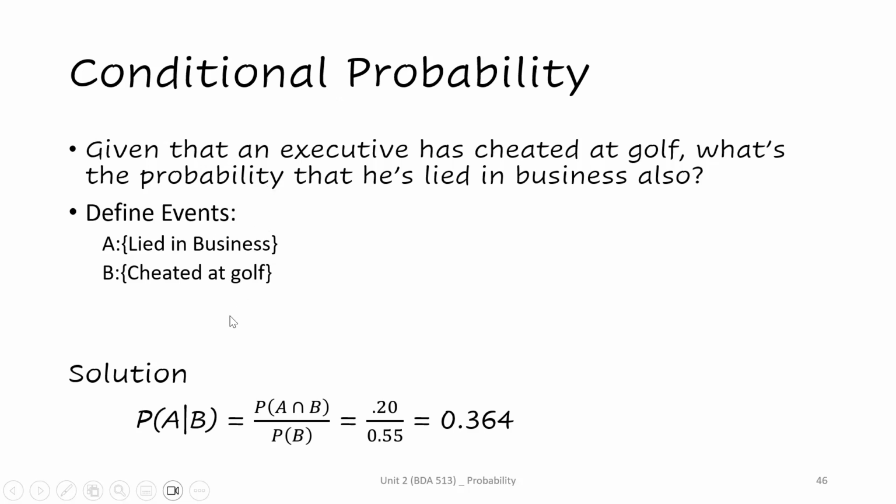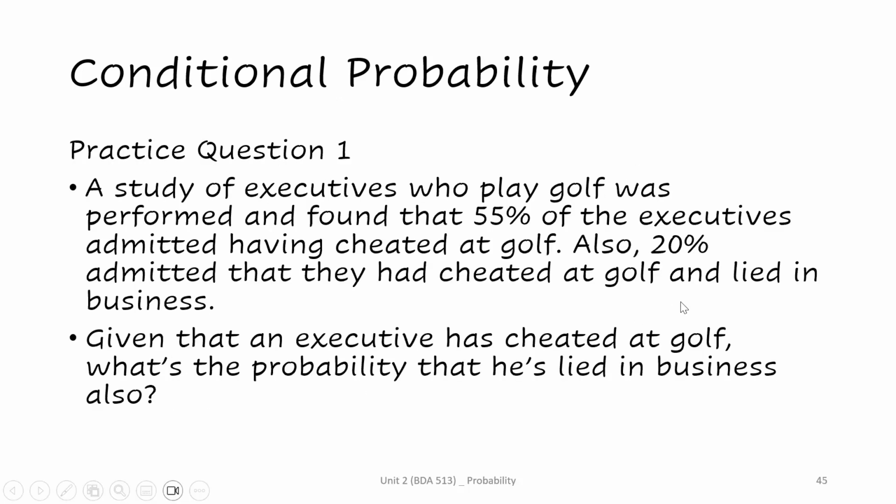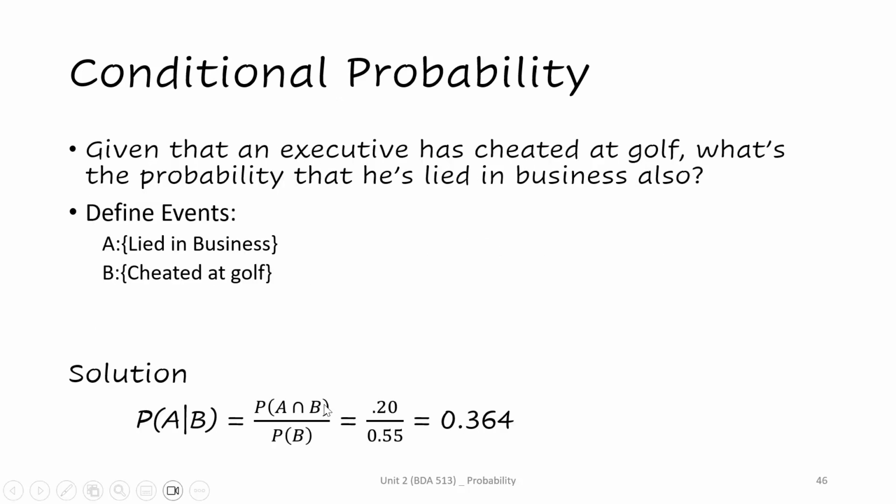So given that, here A intersection B is 20%, because we are told that also 20% admitted that they had cheated at golf and lied in business. So that's the intersection, isn't it? So the probability of the intersection A and B is 0.20, divided by the probability of B, that is cheated at golf, which is 0.55.